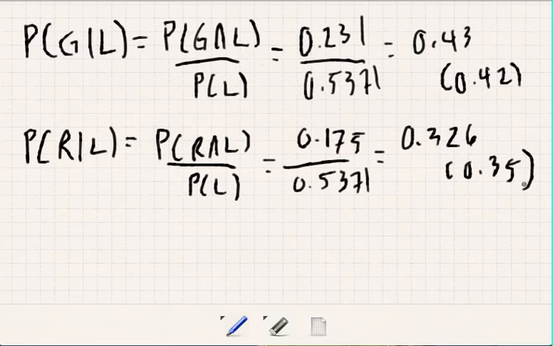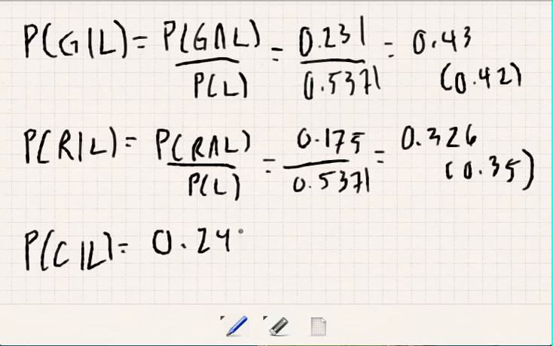So the probability that he's the nominee, given that they lose, is a fair bit smaller than the probability that he's the nominee. Similarly, for Cain you get 0.244, which compared to the probability that he is the candidate, 0.23, is a fair bit more. If the Republicans go for Cain, they're probably going to lose.